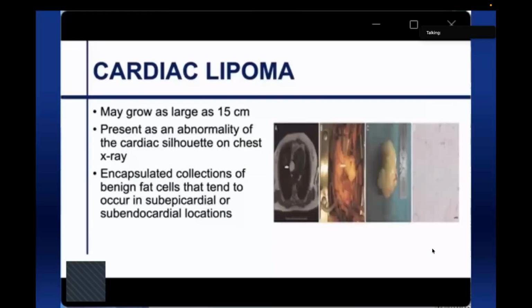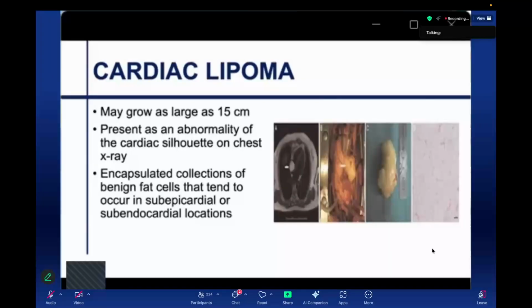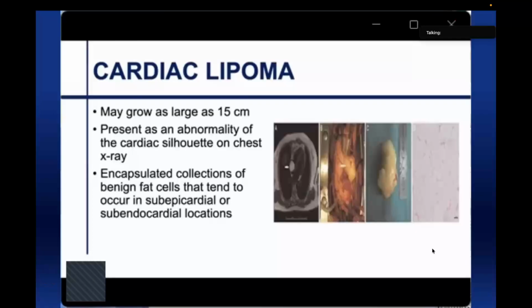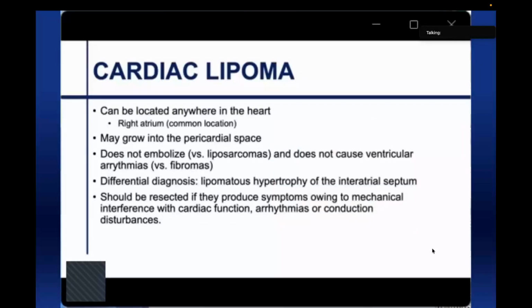Cardiac lipoma. It may grow as large as 15 centimeters and present as an abnormality of the cardiac silhouette on chest X-ray. They are encapsulated collections of benign fat cells that tend to occur in subepicardial or subendocardial locations. They can be located anywhere in the heart; the right atrium is the most common location.